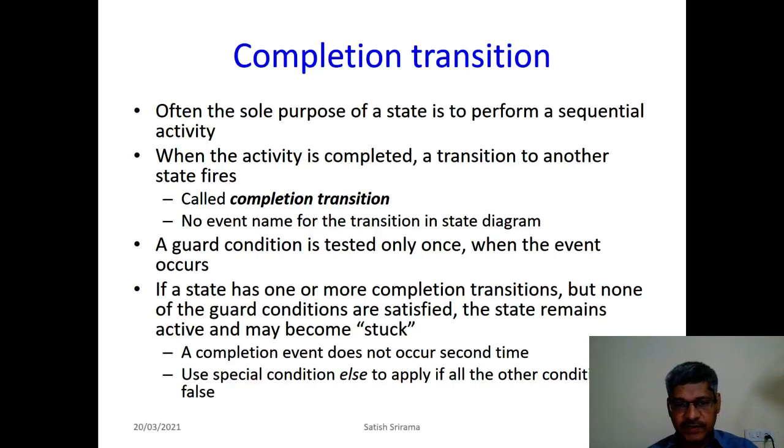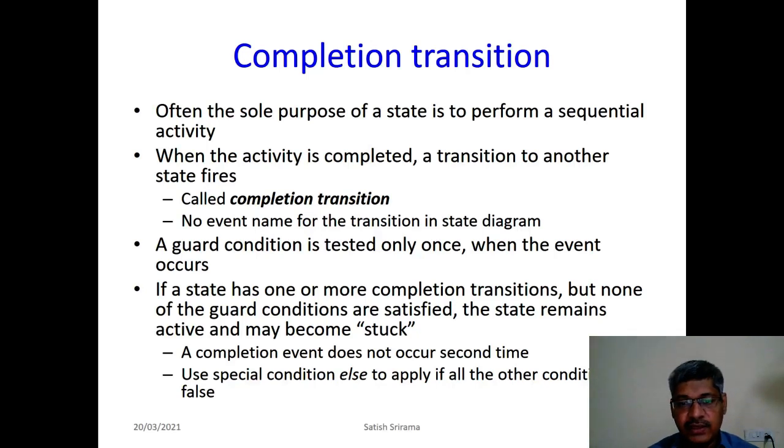Once the activity is completed, it immediately moves to the next step, so a transition is fired. In such a case, you don't have to put another event for that, because the activity is within that particular state. Once the activity is finished, the transition is fired.